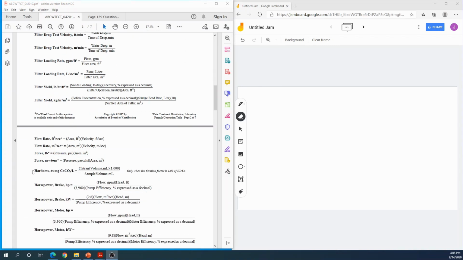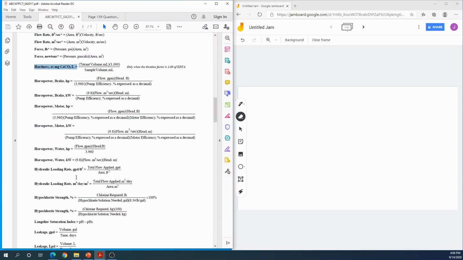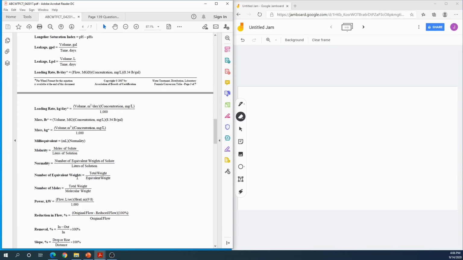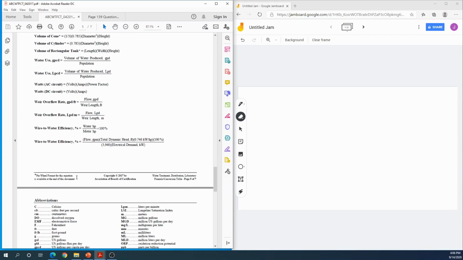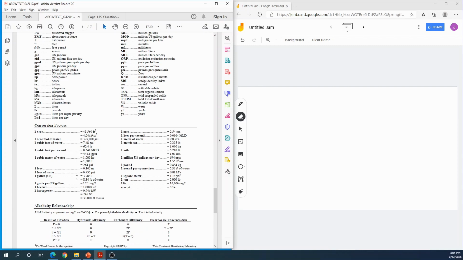Here we have hardness as milligrams of CaCO3 per liter. That's not quite what I'm looking for, though. Let's keep on going down and see if we have a conversion. Okay, here we go. So here we have 1 grain per US gallon is equal to 17.1 milligrams per liter.